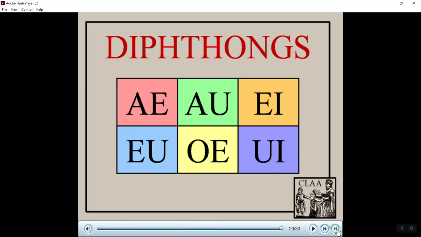So now, in Petty School Reading, you've learned the sounds of all of the Latin letters and of the 6 diphthongs. Remember, the diphthongs are special groups of letters that are read as one sound.